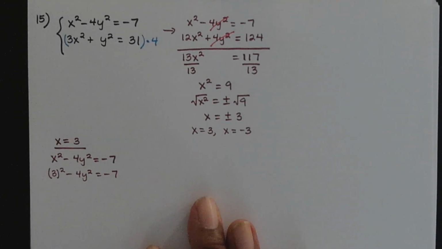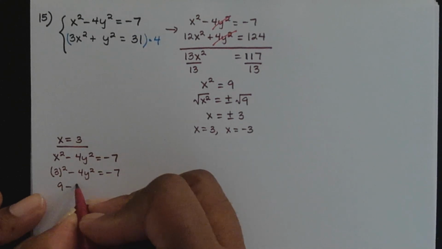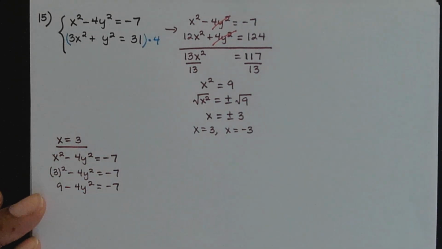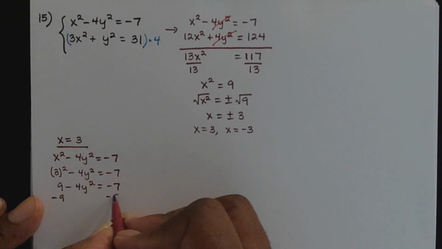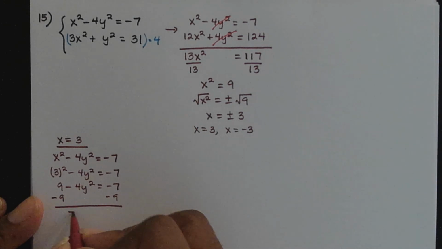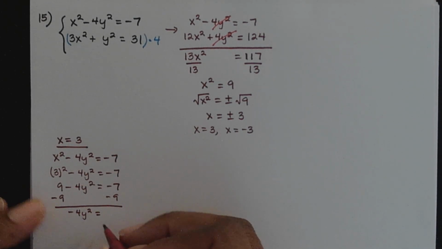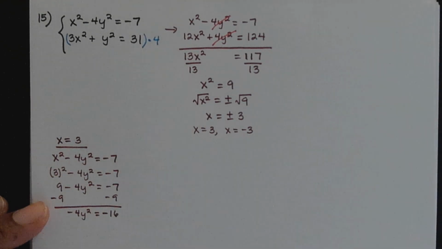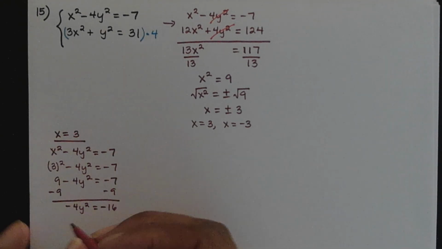And what's 3 squared going to be equal to? 9 minus 4y squared equal negative 7. And to get that negative 4y squared by itself, I need to do what? Subtract 9. So that means negative 4y squared is equal to what's negative 7 minus 9? Negative 16.